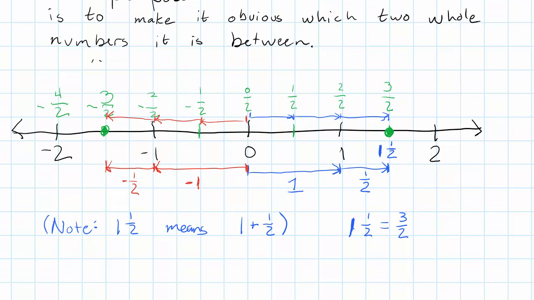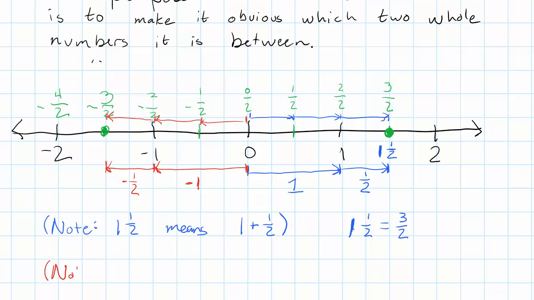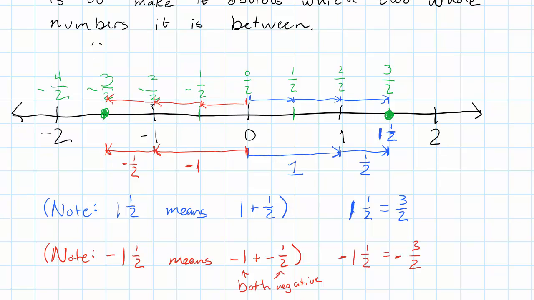So we see -1.5 means -1 plus -1/2. Note, these are both negative. To get to -1.5, I go out to -1, and then a further half to the right. And again, because they represent the same number, we say -1.5 is equal to -3/2.